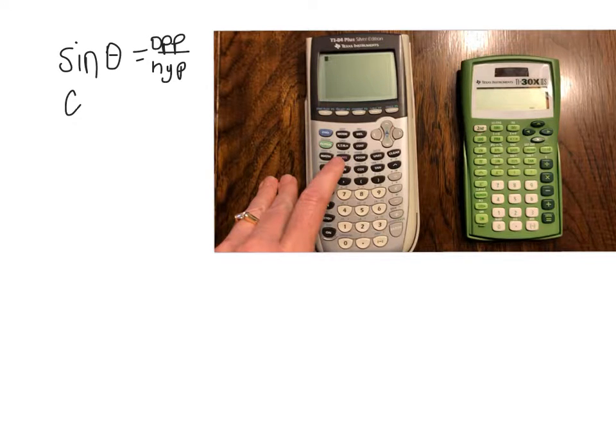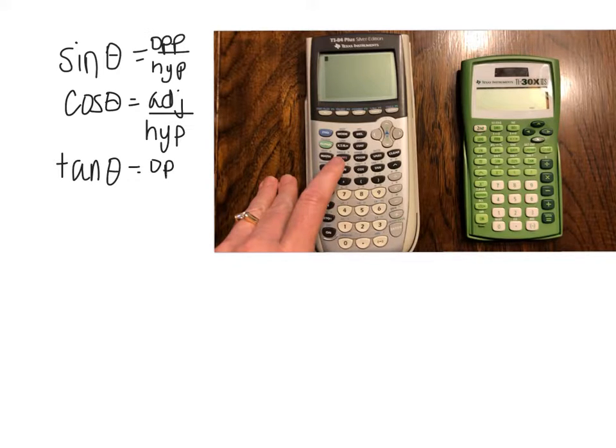We have then the cosine of theta, which equals the adjacent over the hypotenuse. So we'll just write that in here, ADJ, we're going to abbreviate it. Sorry, I'm writing on an iPad, it's a little bit hard to do. Adjacent over hypotenuse. And then finally we have our last trig ratio, which is the tangent. The tangent of theta equals the opposite over the adjacent.